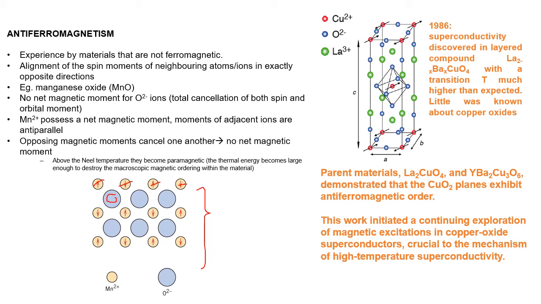But above absolute zero temperature, they become paramagnetic because the thermal energy becomes large enough to destroy the microscopic magnetic ordering within the material. So the thermal energy will destroy this arrangement, and it becomes paramagnetic. So manganese oxide will only be antiferromagnetic at 0 Kelvin.